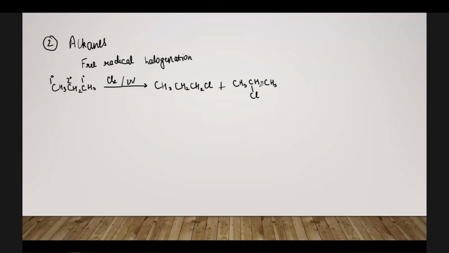If we take a larger molecule, suppose some complex alkane with side chains, and different types of even 3 degree carbons present, different isomers are there. Some complex isomer with side chains, and there we are doing the free radical halogenation.